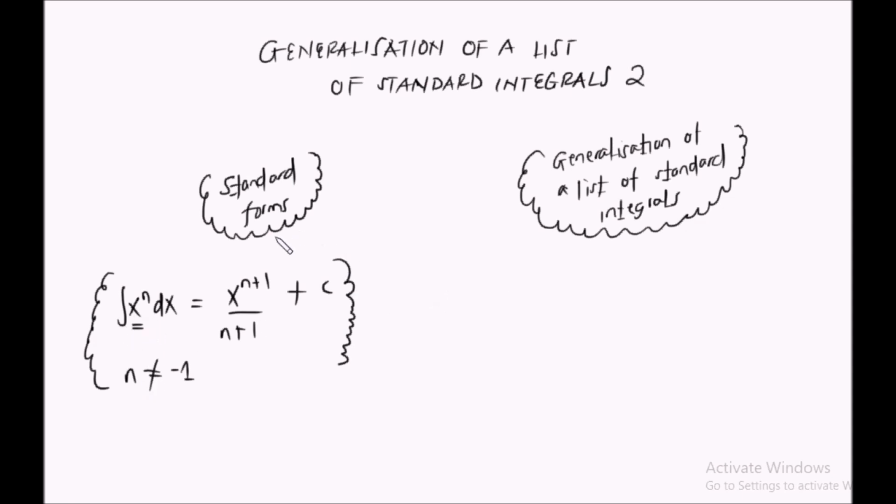In the generalization of standard integrals tutorial we said if instead of x we have a linear function ax plus b, so it must be linear, power n, and we want to integrate with respect to x, it will be ax plus b to the power n plus 1 over n plus 1 plus c, where c is a constant, except that here we add times 1 over a.